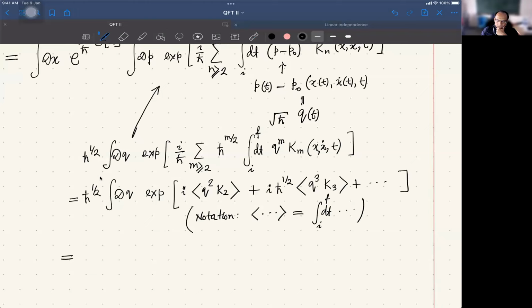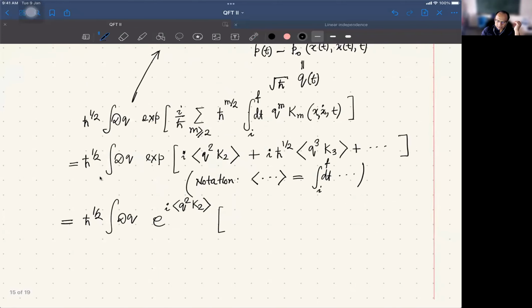Now what you are going to do next is to take this ħ^(1/2) integral dq, then e to the power i q² k2, and then the rest of the exponential can be calculated in power series.